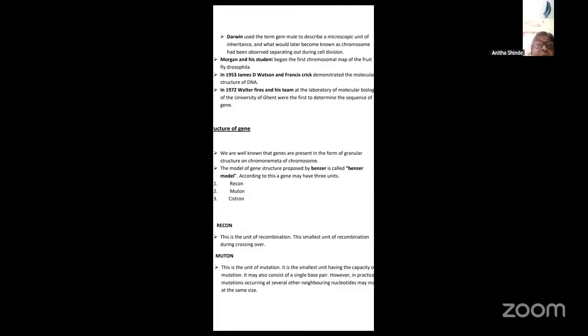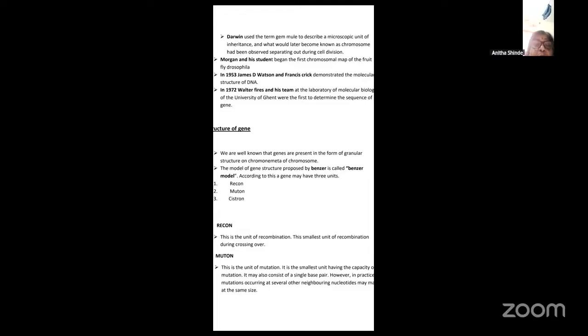That is what we call recombination, and recombination is crossing over. So recon is the unit of recombination, and it is the very smallest unit present on the chromosome, which helps in crossing over.